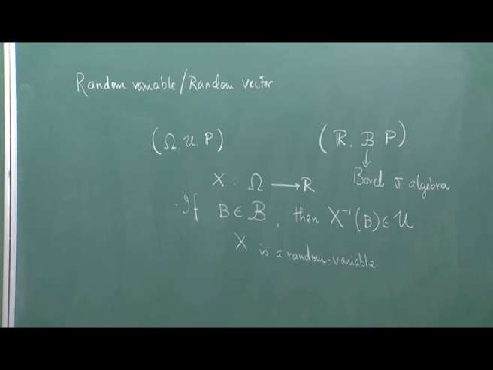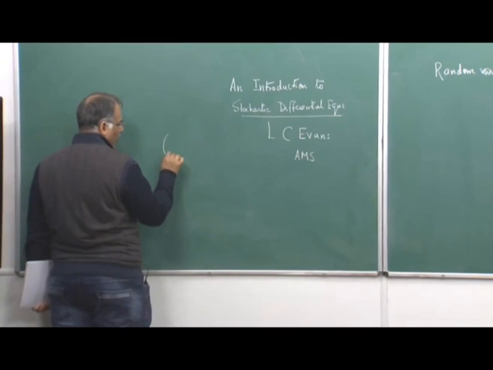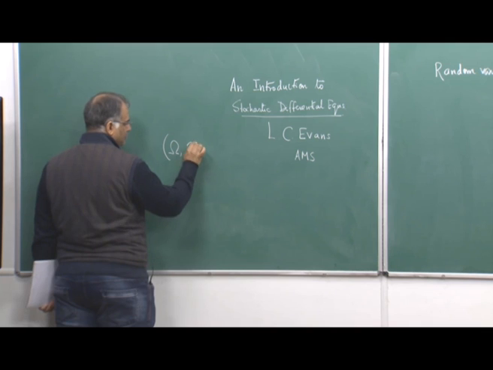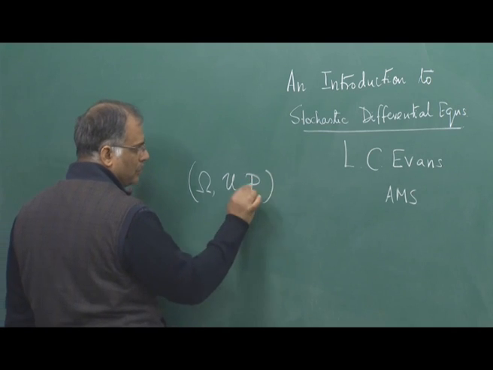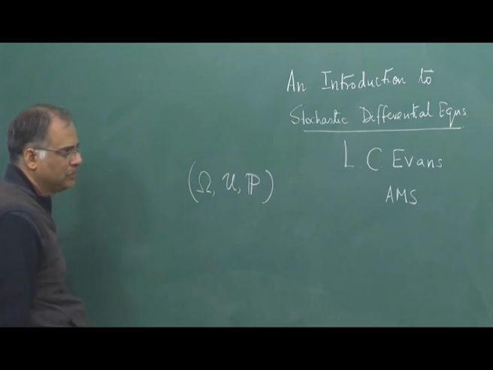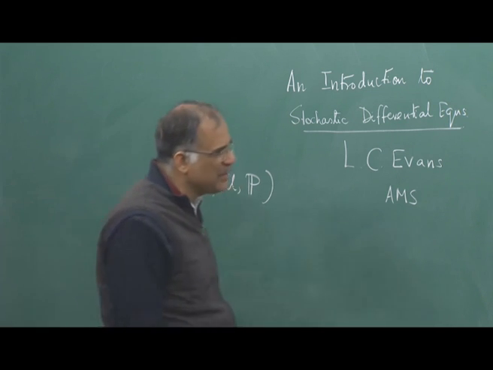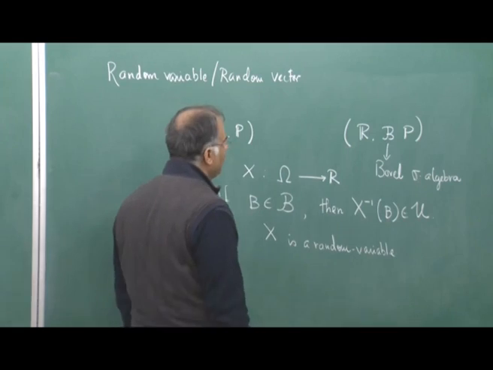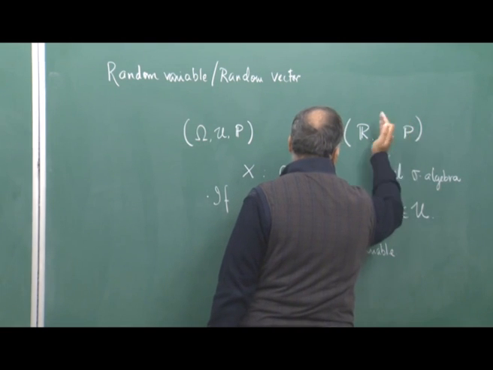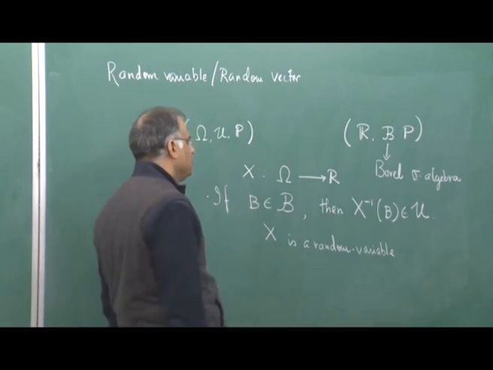This idea can be extended, and it is useful in some cases in finance to look at this extended idea of a random vector, where you have the same setting. In this case you need not bother about any probability measure, you can just forget it, you can just look into this measurable space.